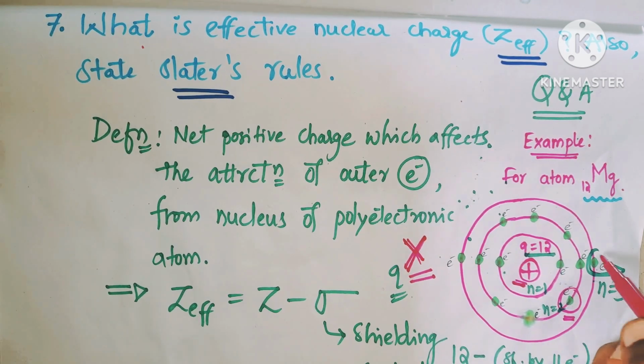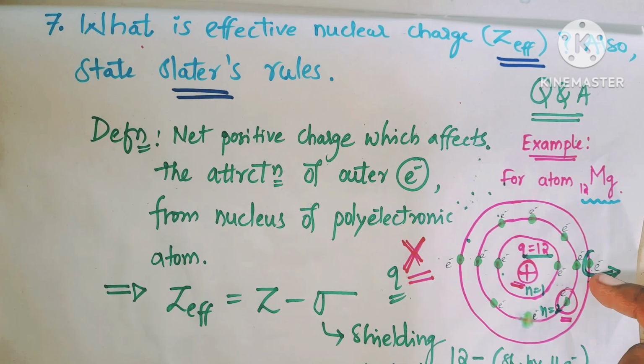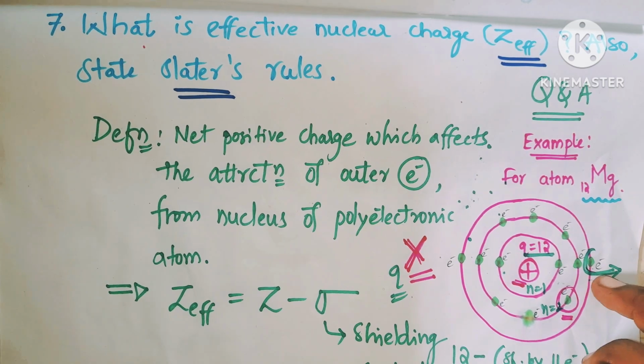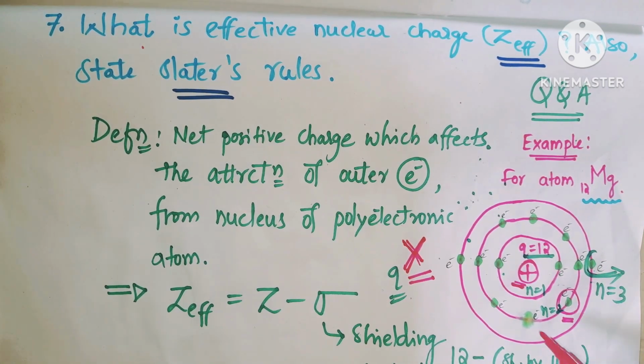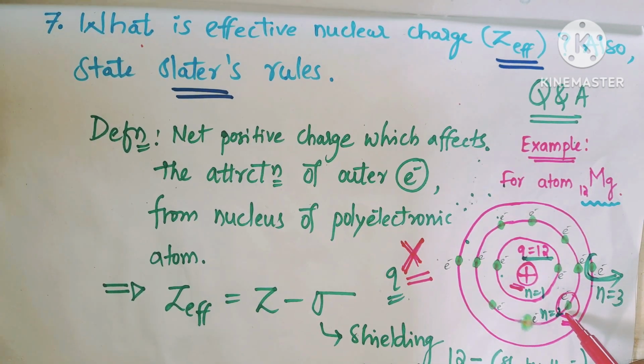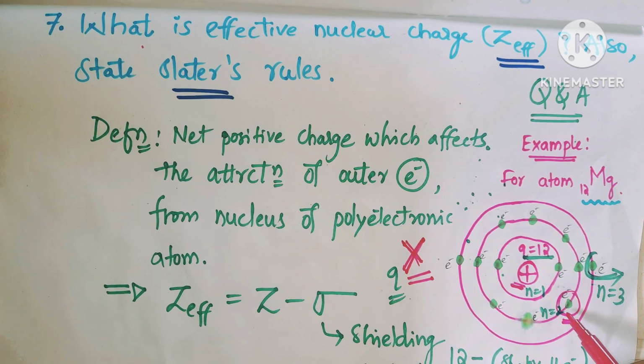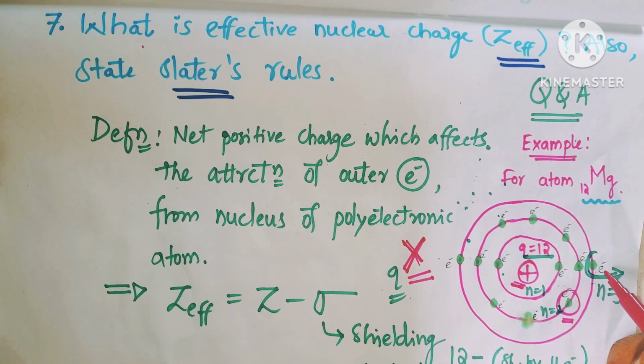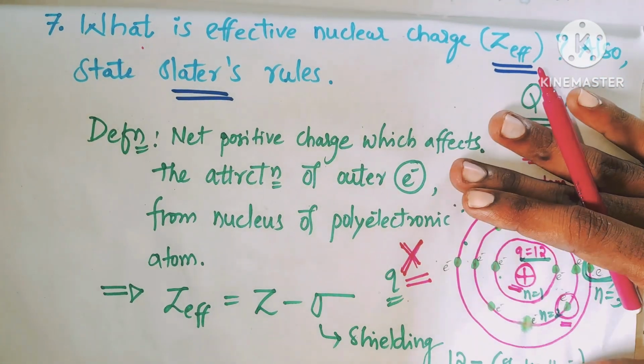The outermost electron is not considered for shielding these inner electrons, whereas the inner electrons are a considerable factor in the shielding of the outermost electron. This should be the simple concept.